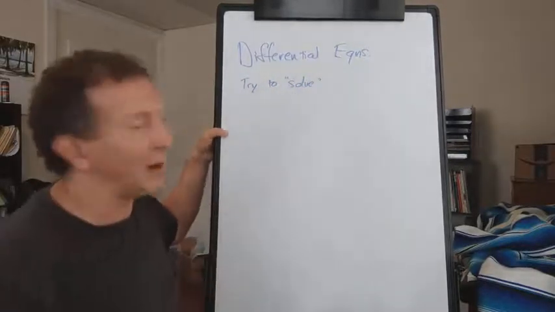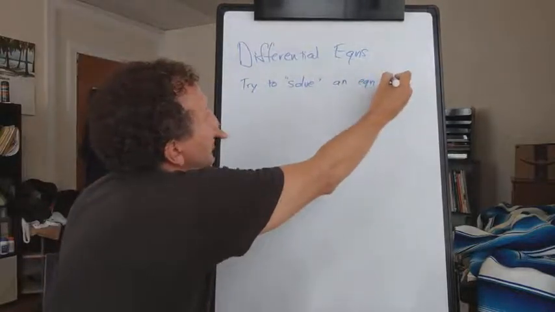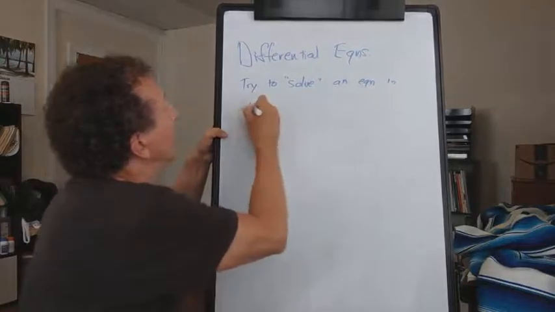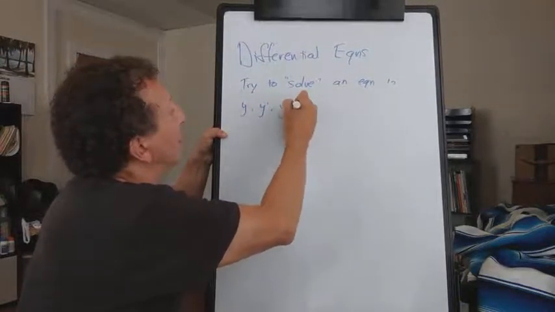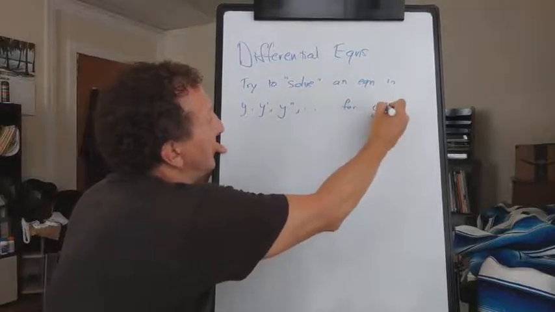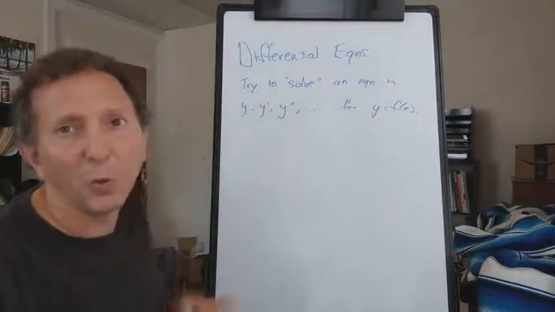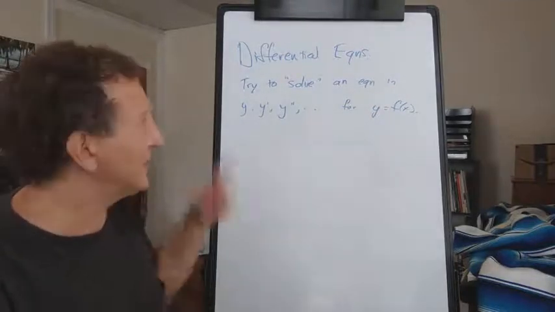What we do is we try and solve an equation in y, y prime, y double prime, etc. to obtain an expression like y equals f of x. We want to know what function has derivatives that satisfy this equation.